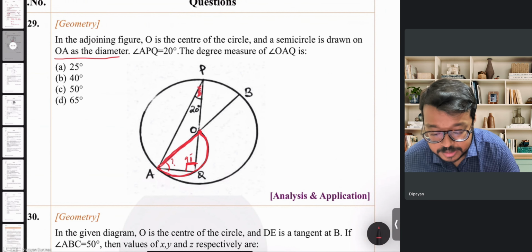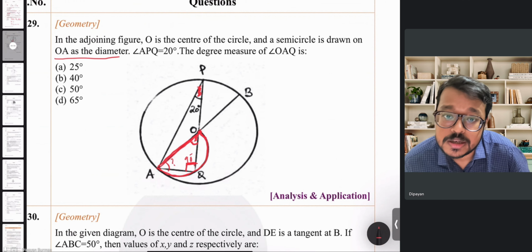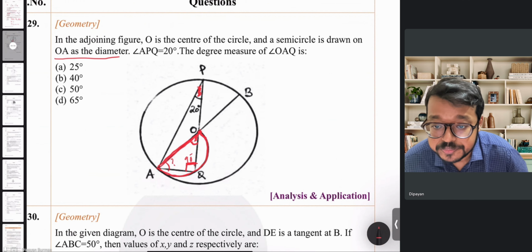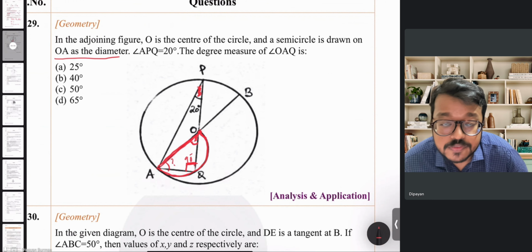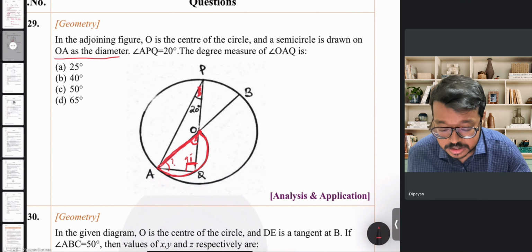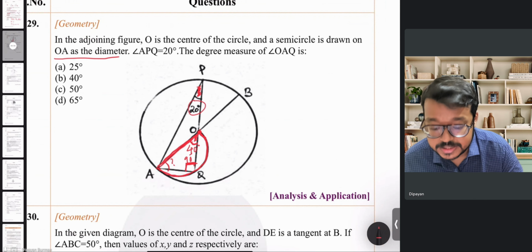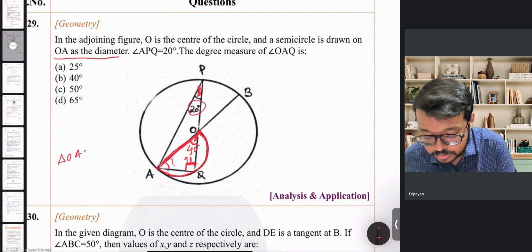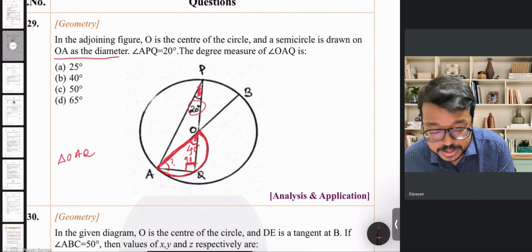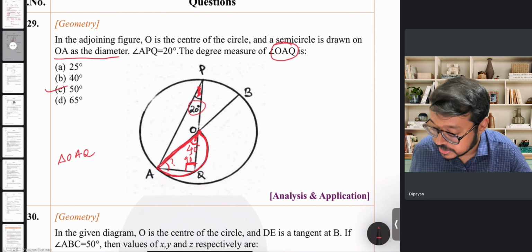Then if I look at APQ as 20 degree, then AOQ has to be double of APQ, because APQ is the angle subtended by arc at the circumference of the circle, and AOQ will be the angle subtended at the center. So AOQ is 40 degree, double of 20, which is 40. Then if I look at triangle OAQ and apply angle sum property, my angle OAQ has to be 50 degree, which is option C.